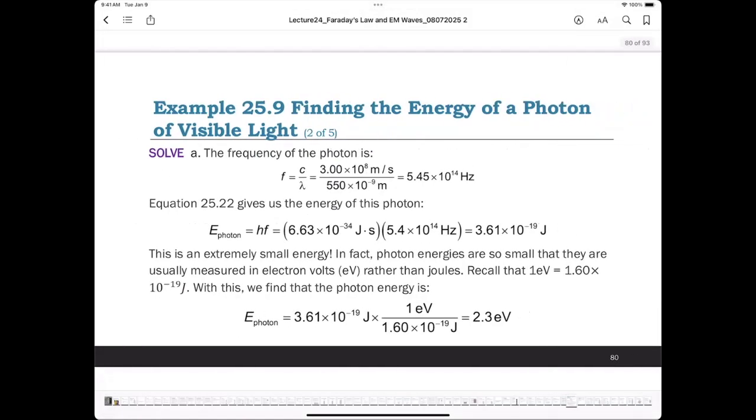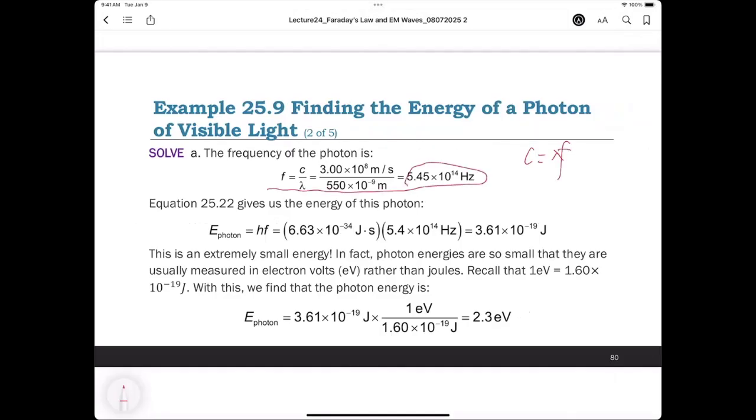To find the frequency of the photons, we can use this equation, c equals lambda f, to calculate it. Then we can get the frequency for the photon. And equation 25.22 gives us the energy of this photon. Now we know h is just a constant value, and this is the frequency, and then we can get the energy for the photon.